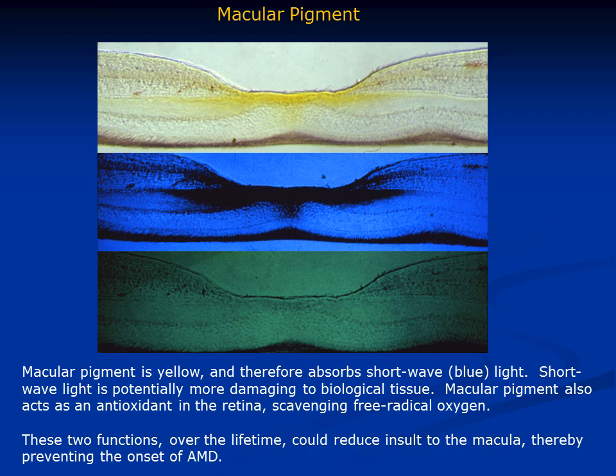All right, so it's a carotenoid. It's an antioxidant, one of the best antioxidants there is. Quenches those nasty free radicals. That's a good thing. It also limits exposure to the retina of too high energy light. And so it does those two functions. Over the lifetime, again, cumulative damage is limited.